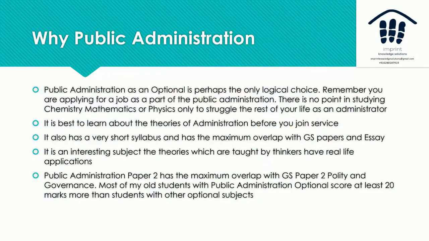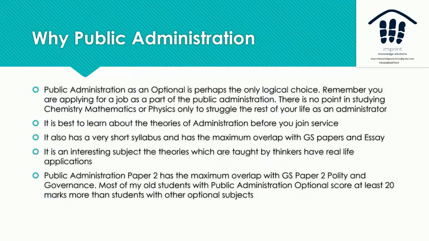So the question now comes, we haven't really discussed the syllabus and everything, but before that, let's talk about why public administration. If you think about it, you're applying to become an administrator, so it is the only logical choice. But the sad part is that the other optionals which are more scoring, like maths, have no relevance to the paper. What happens is in the future you will be bad administrators.